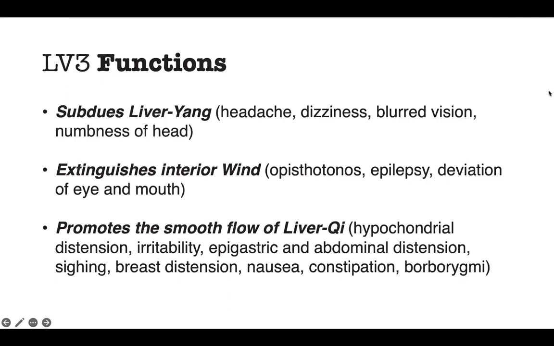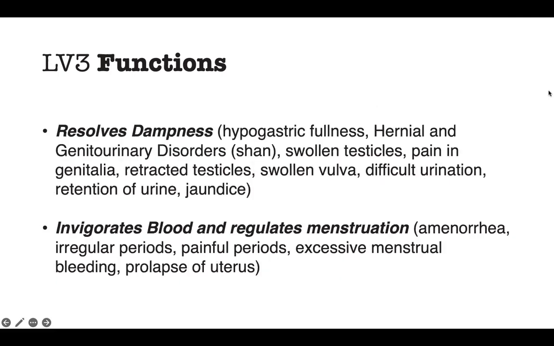Liver 3 promotes the smooth flow of liver qi. So it's very beneficial in hypochondrial distension, irritability, epigastric and abdominal distension, sighing, breast distension, nausea, constipation, borborygmi. Liver 3 resolves dampness.